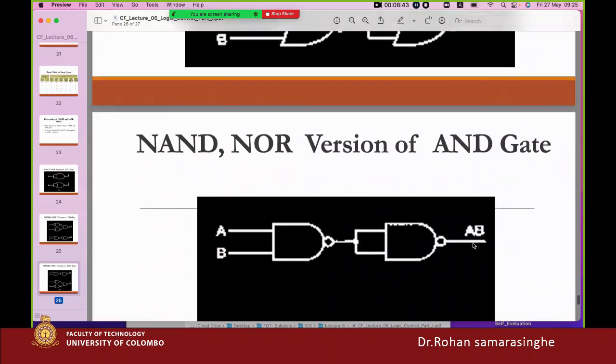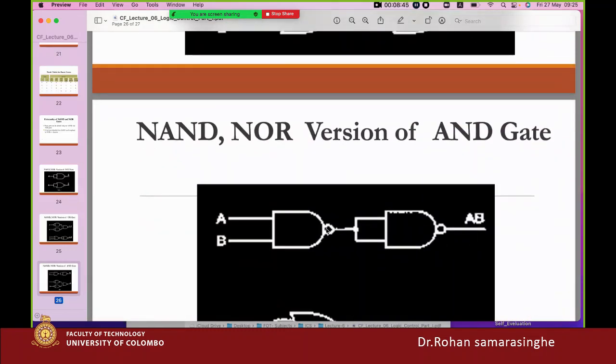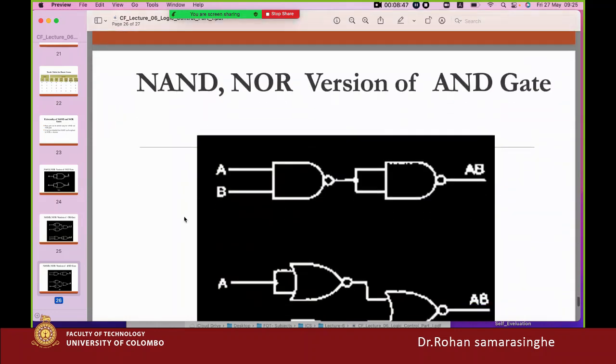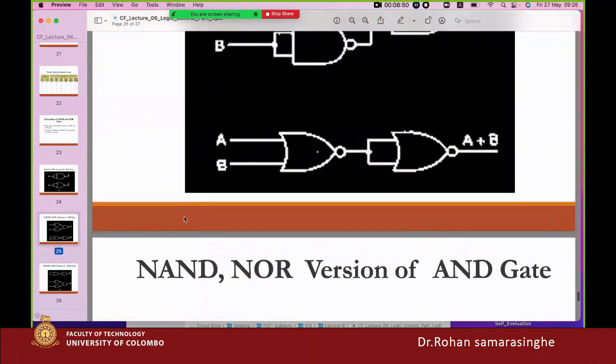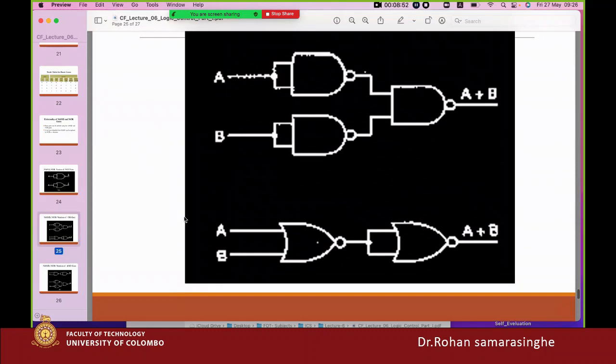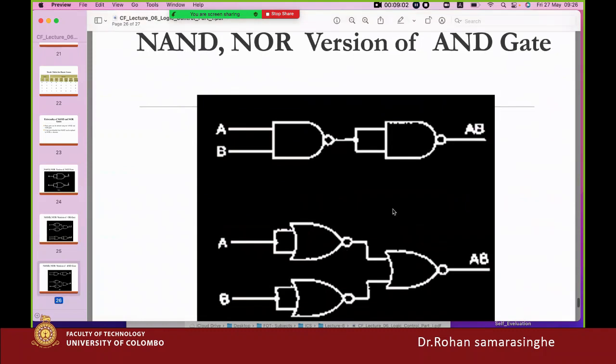These are some versions of the NAND and NOR gates, but when you see this one, even though you can get the A and B output from one gate, here you have to use three gates. Here also, this is an AND gate.